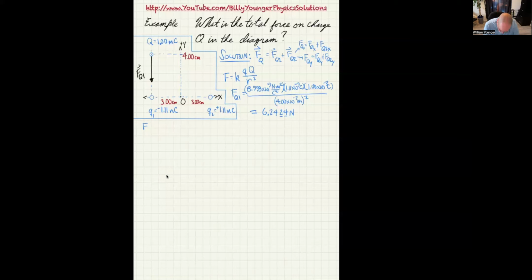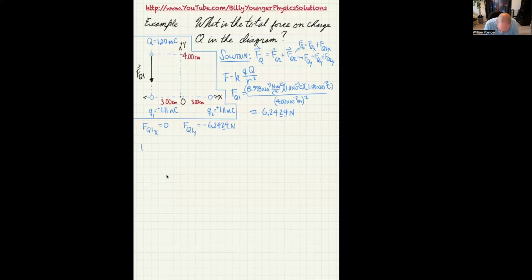So now I'm going to say FQ1 sub x is actually equal to 0 because it points straight down. There's no x component. FQ1 y is actually going to be negative 6.2424 newtons. And again, that negative just refers to it pointing downward. So that should be fairly straightforward.